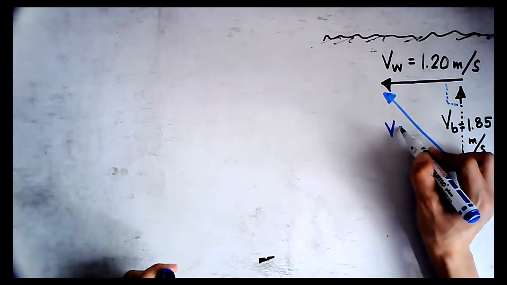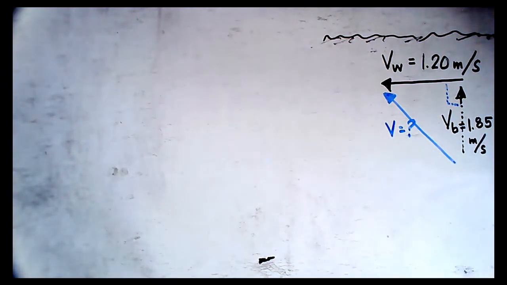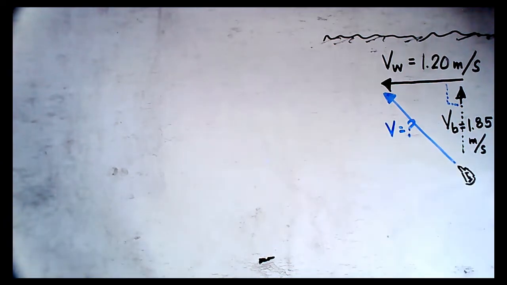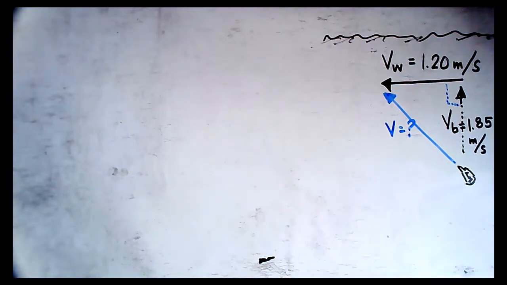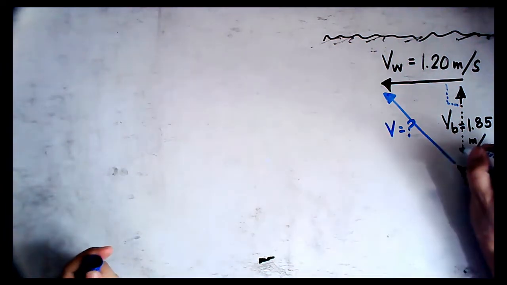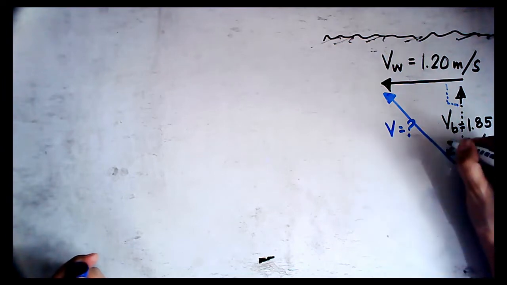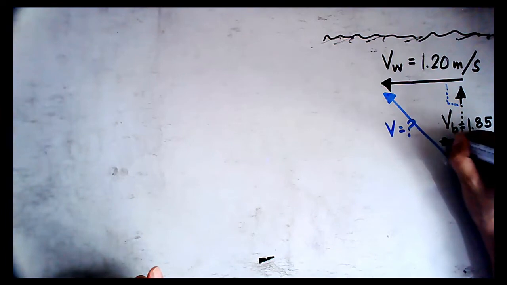And that is what we are going to determine, that relative velocity of the boat. So if the boat is heading towards that direction, we can represent V as the relative velocity of the boat. And we have here the angle. Let us represent that as the angle theta.